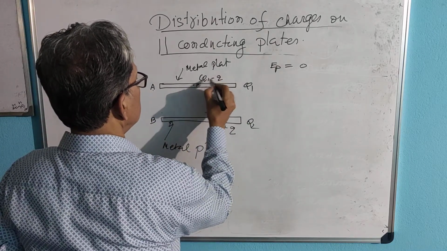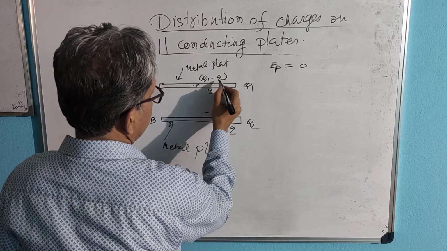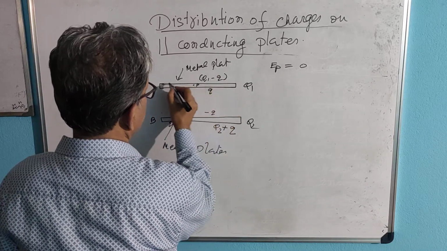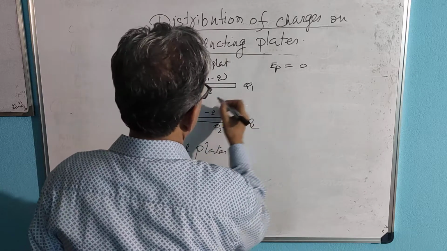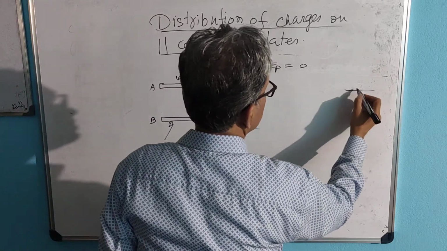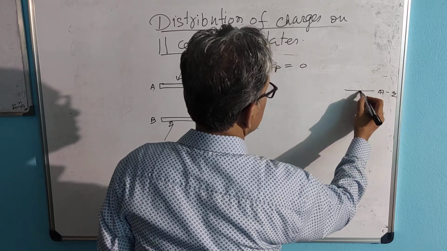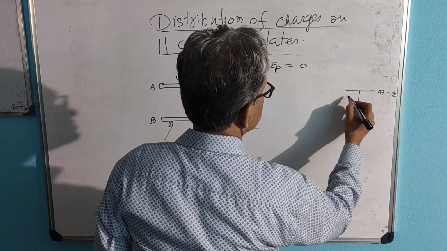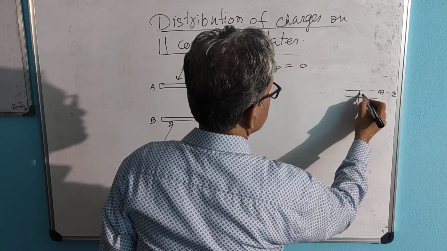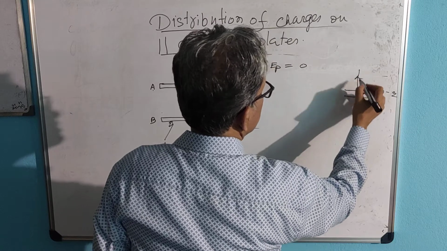Q1 minus Q is the charge on the upper plate, upper surface, and there will be charge Q on the lower side.